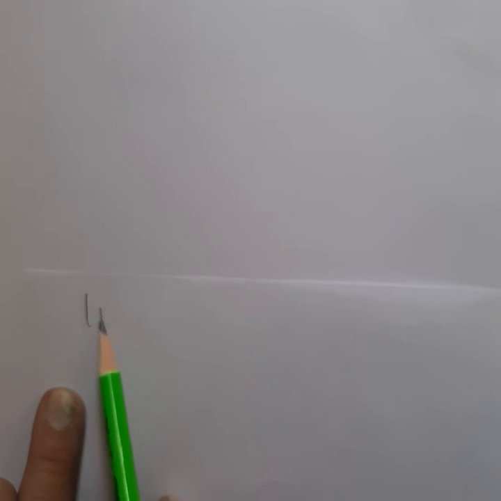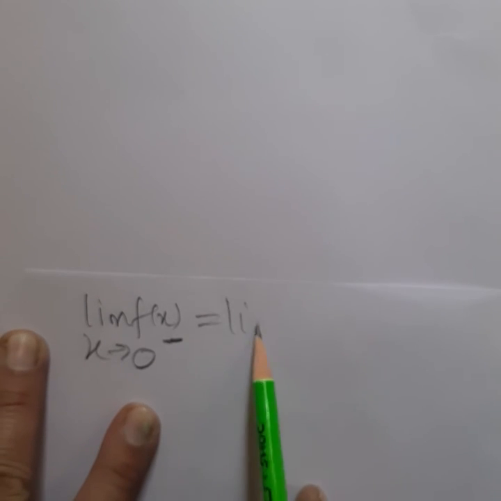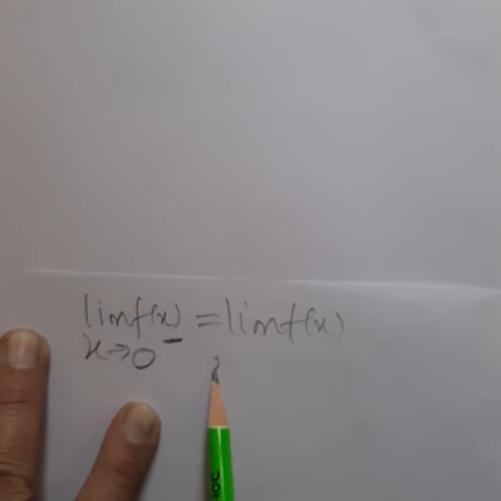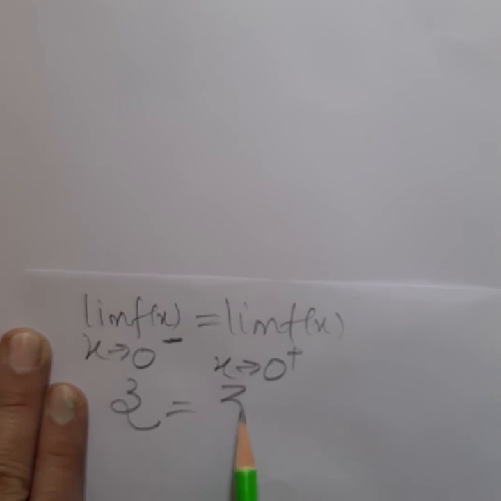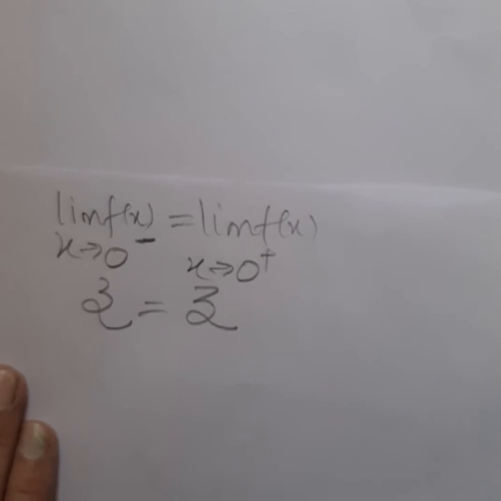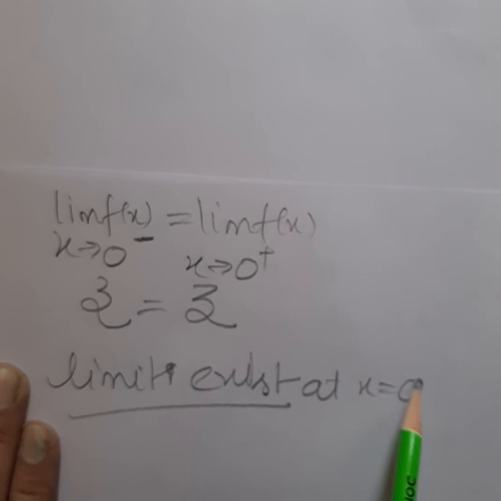Now we write limit of f(x) as x tends to 0 negative and limit of f(x) as x tends to 0 positive. Both limits are 3 and 3, so the limit of the function exists. You can write that at x equal to 0.